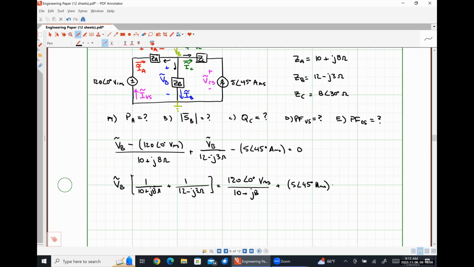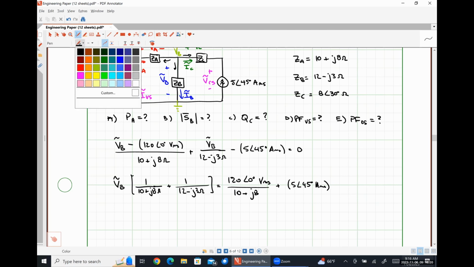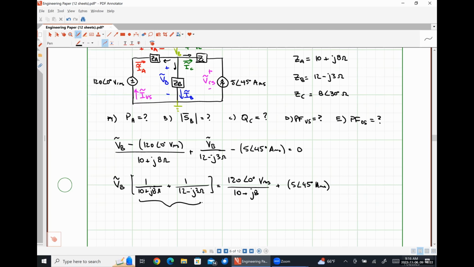Okay. Now getting my trusty TI calculator, because it's the one that I prefer to do complex math on. 1 over 10 plus 8i plus 1 over 12 minus 3i. So this bit right here looks like 0.142 and some change with an angle of negative 11.819 degrees.